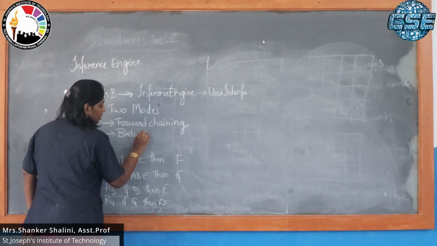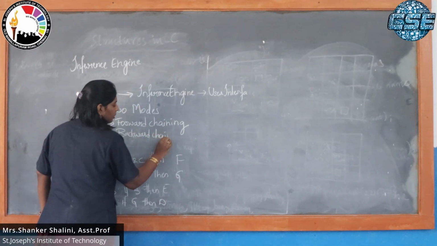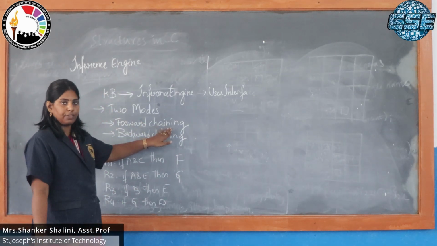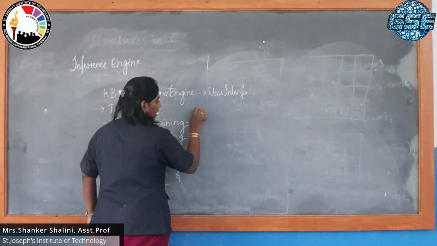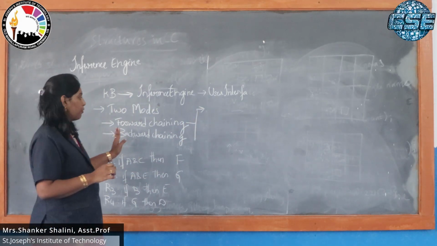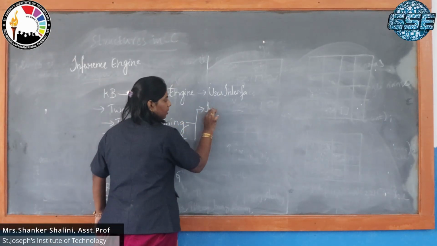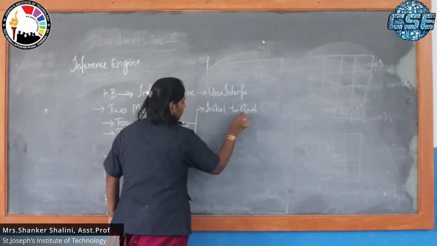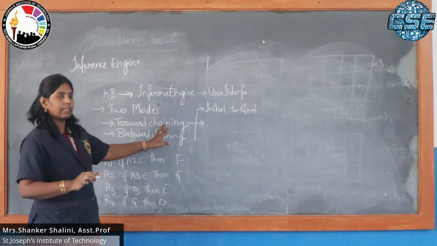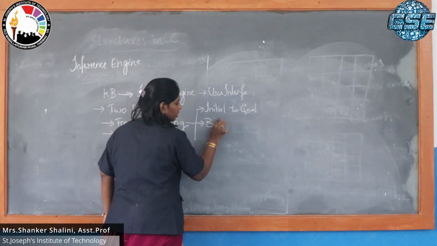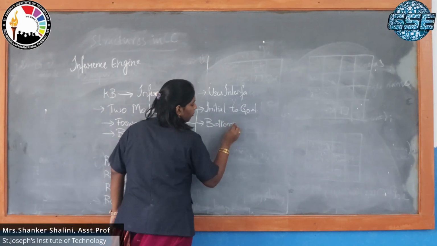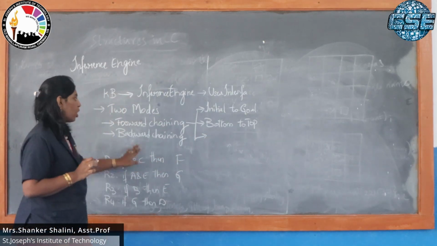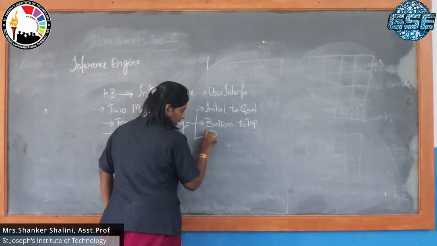In forward chaining, the path to reach the goal is from the initial state to the final state, from initial to goal state. The search takes place from bottom to top, and the approach we use in forward chaining is the data-driven approach.